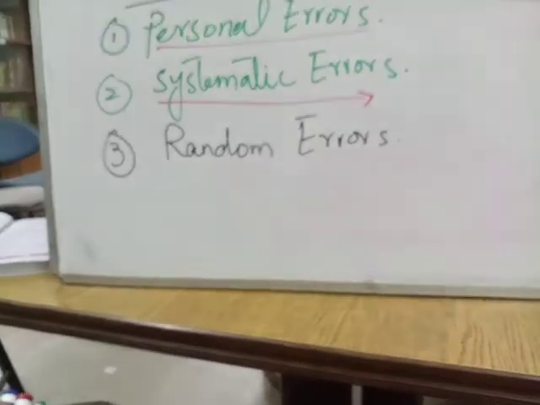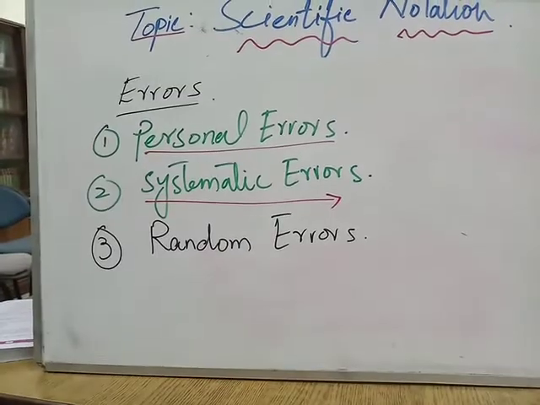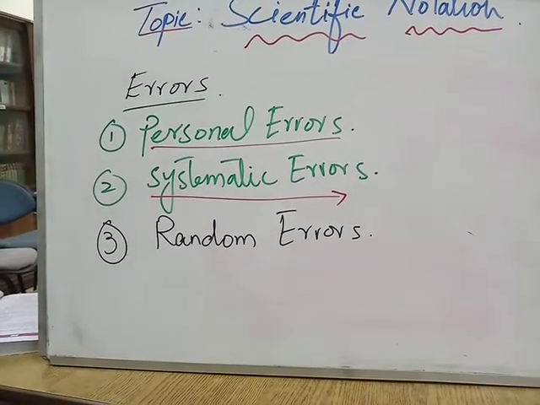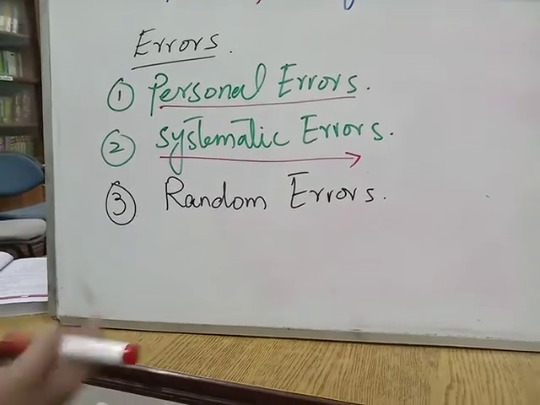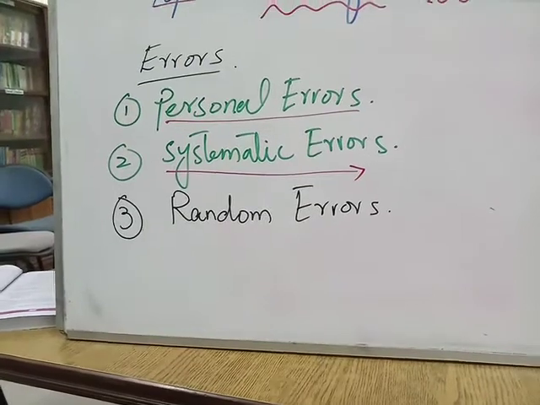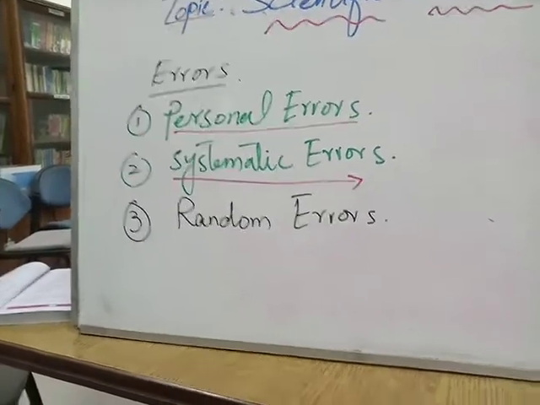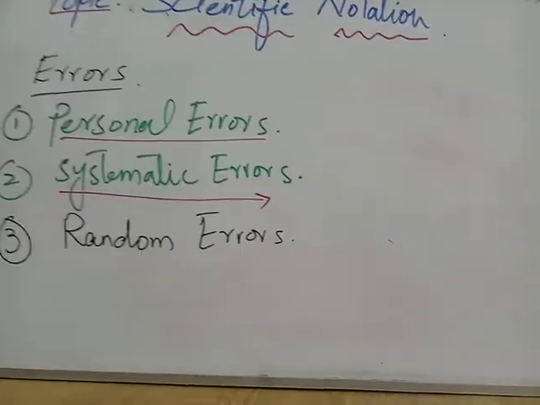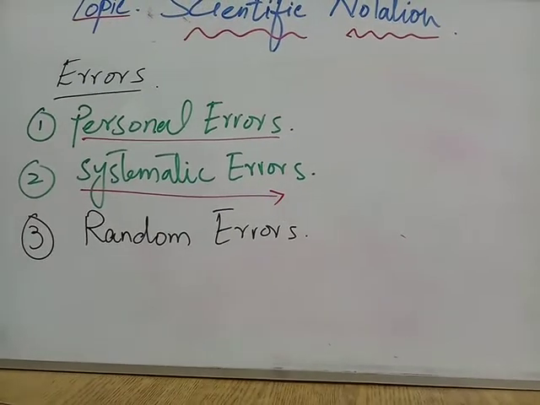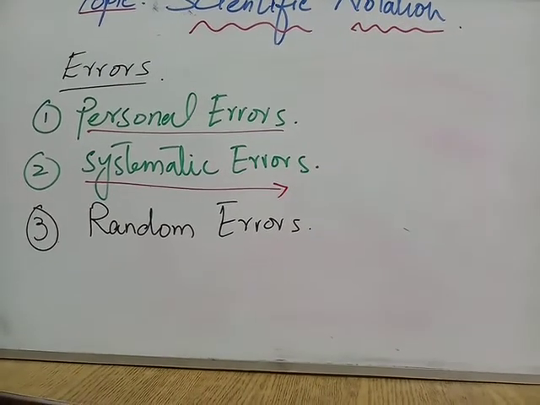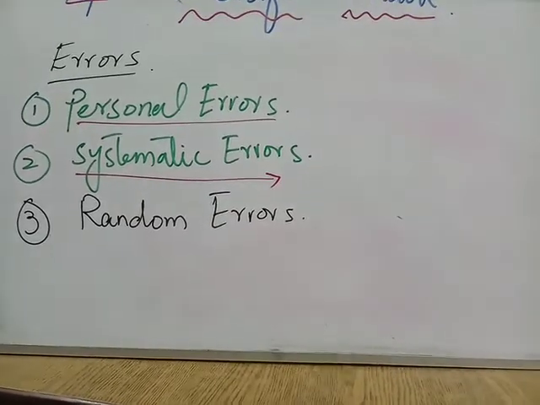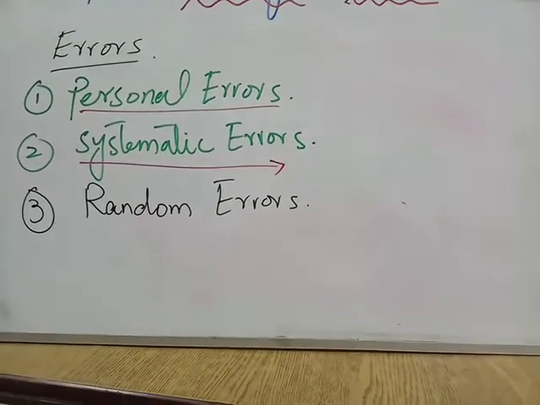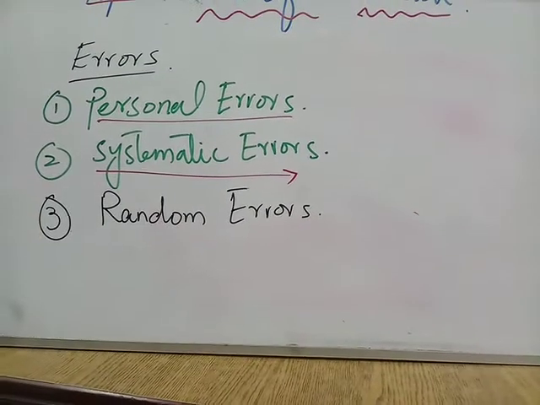So you should know about errors like zero error. Zero error is a systematic error. So what is a systematic error? The error due to faulty apparatus and poor calibration of the instrument itself is called systematic error. This is also called instrumental error. This is the error in instruments.